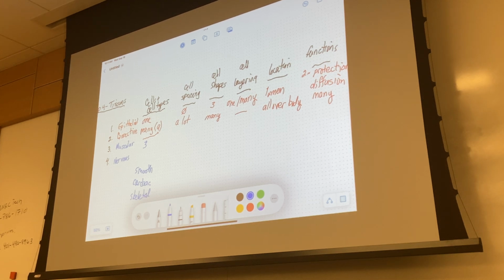I didn't give myself a lot of room. Cell spacing: the muscle cells are tightly joined together, so there's very little spacing.